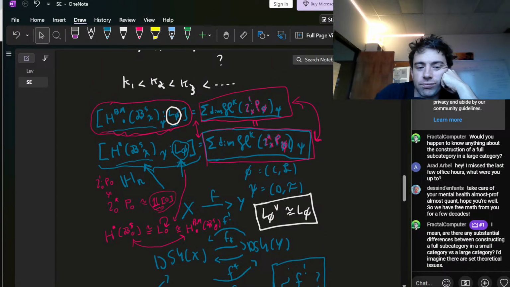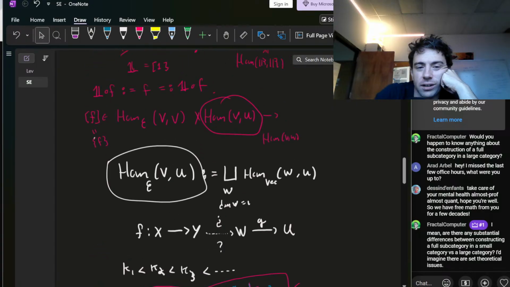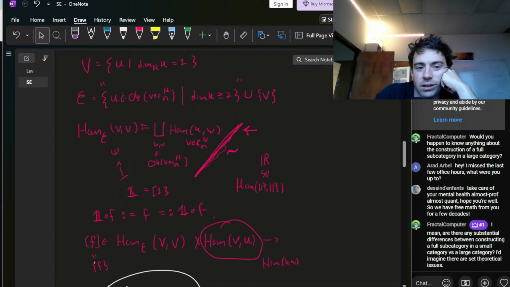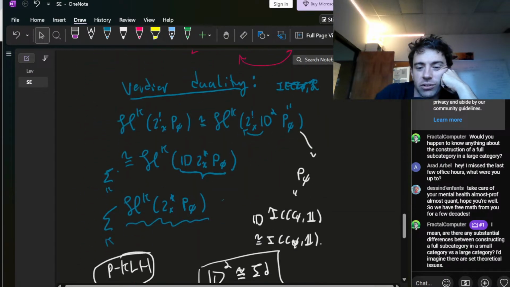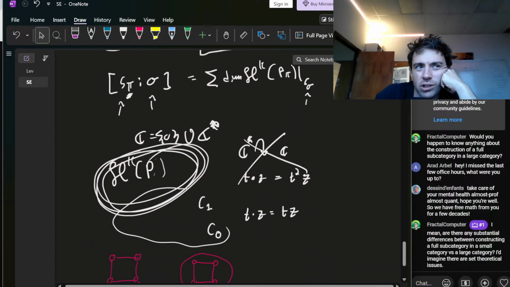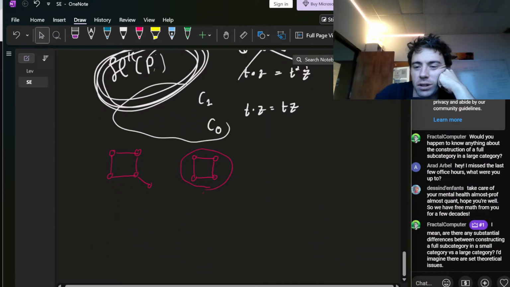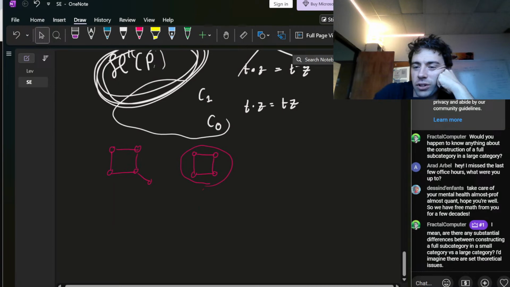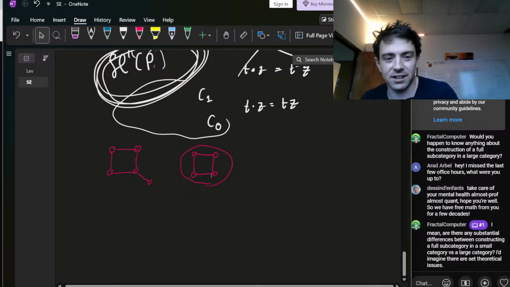And today I'm planning on doing some Hecke algebra computations, which I might have done before, but I don't know. Take care of your mental health, almost prof, almost quant. Yeah. So we have free math from you for a few decades, yeah. For many decades.